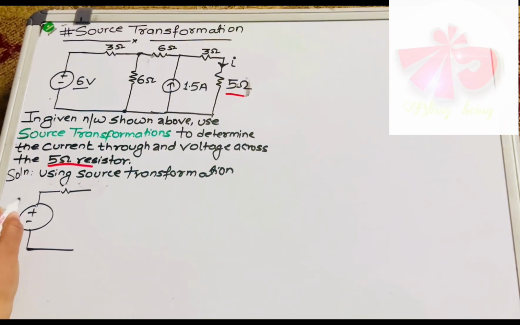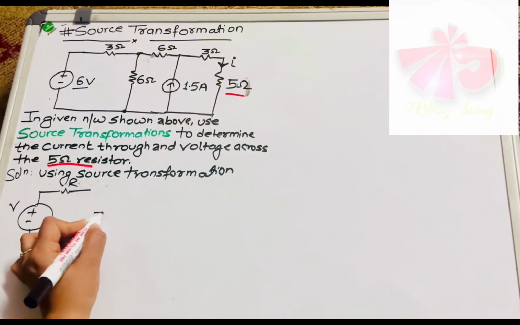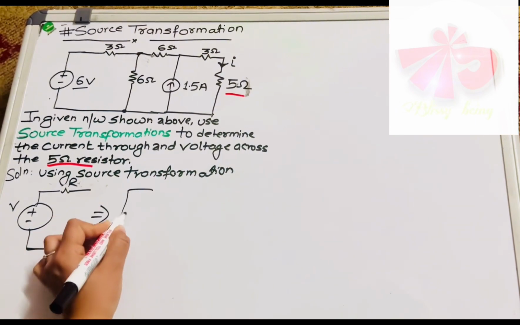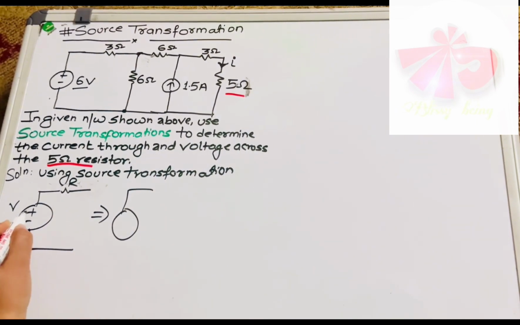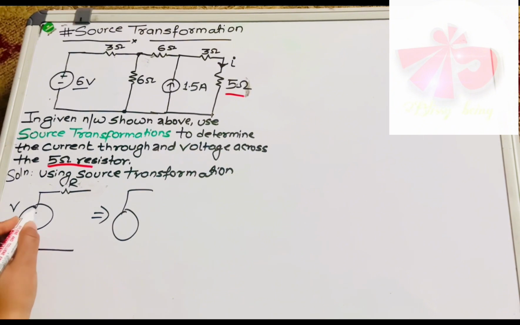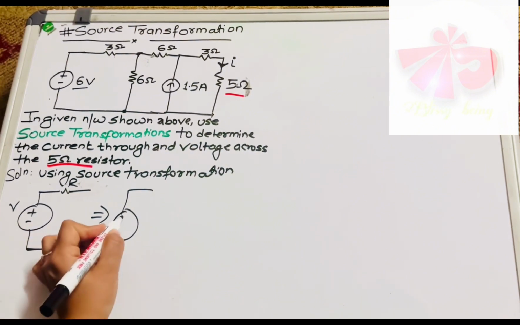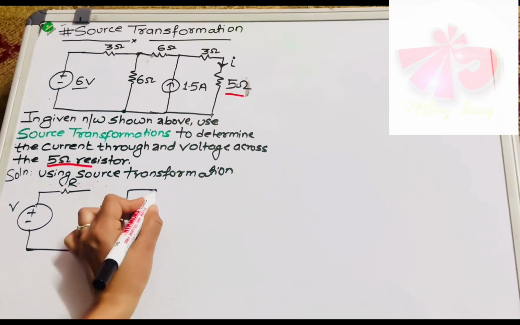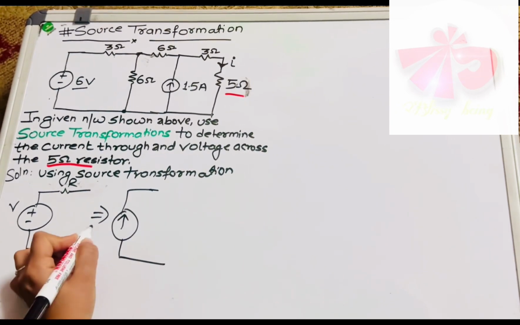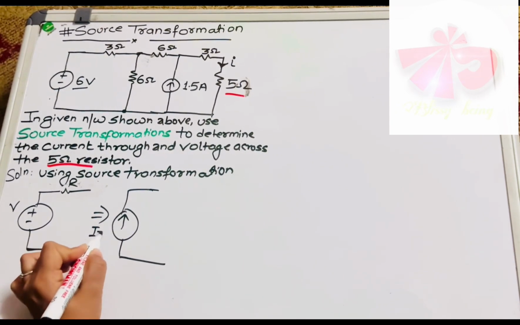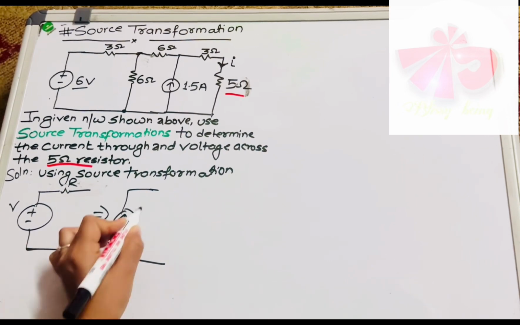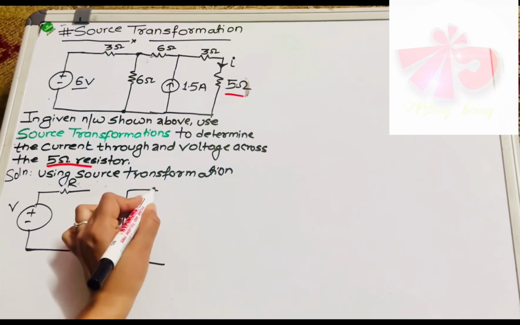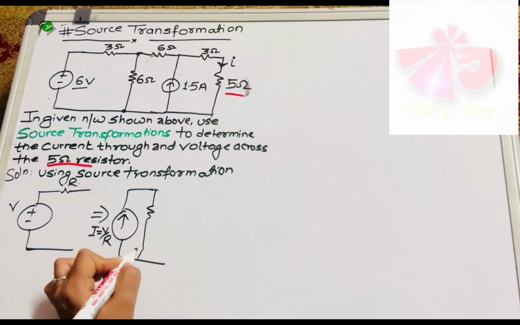If this is V and this is R, you can replace it by a current source, and while replacing it, the positive terminal is at the upper end. That's why we make the direction of current in this way, and this will be the current I. The value of I will be V by R, and the resistor which was in series will now be in parallel.